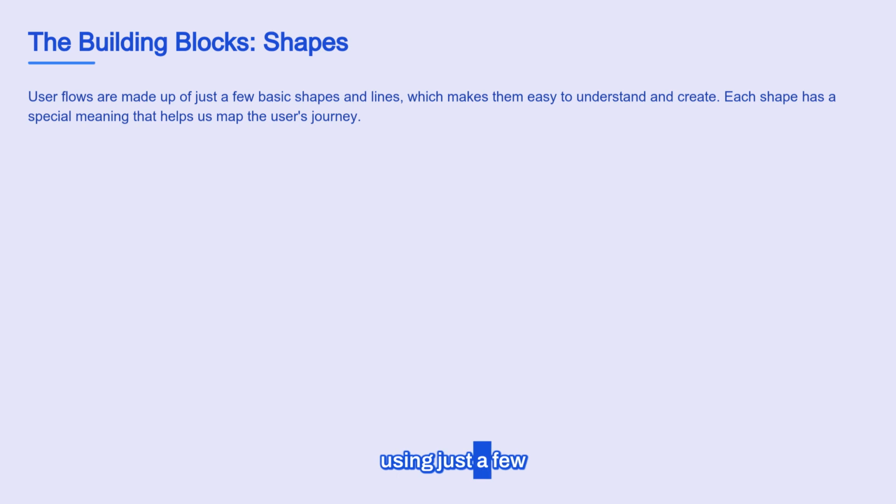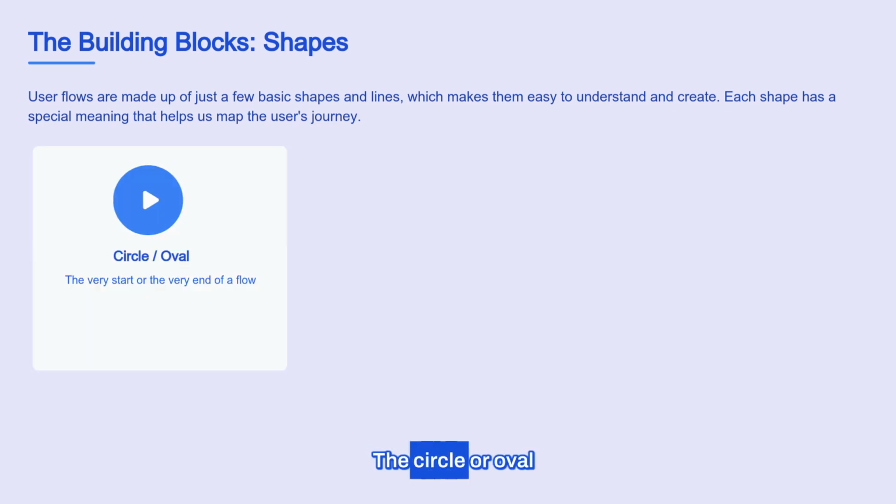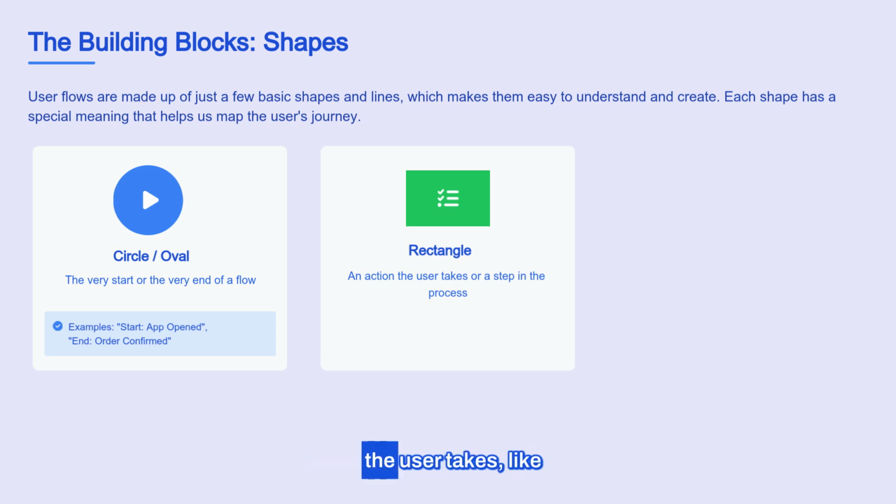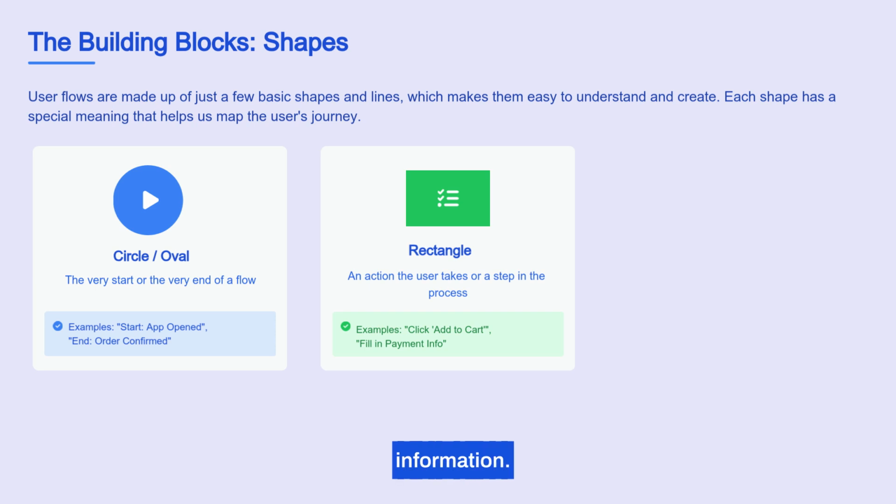The building blocks: shapes. User flows are built using just a few simple shapes, and each one has a special meaning that makes the journey easy to follow. The circle or oval shows the very start or the very end of a flow. For example, app opened or order confirmed. The rectangle represents an action the user takes, like clicking Add to Cart or filling in payment information.